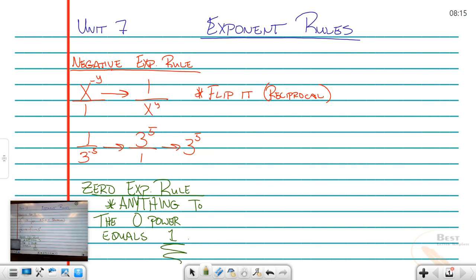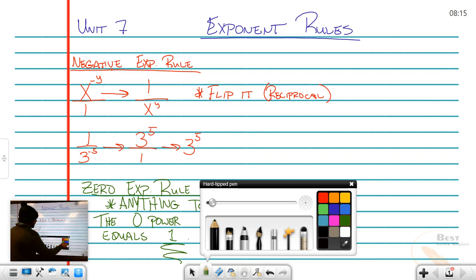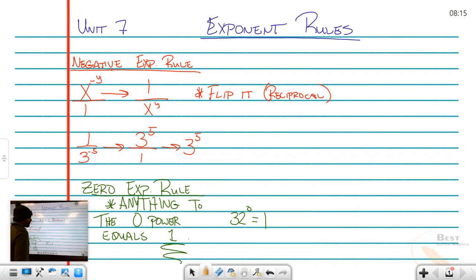Anything. So if I have 32 raised to the 0 power, it equals 1. 9,468 to the 0 power equals 1. So anything to that 0 power is going to equal 1.